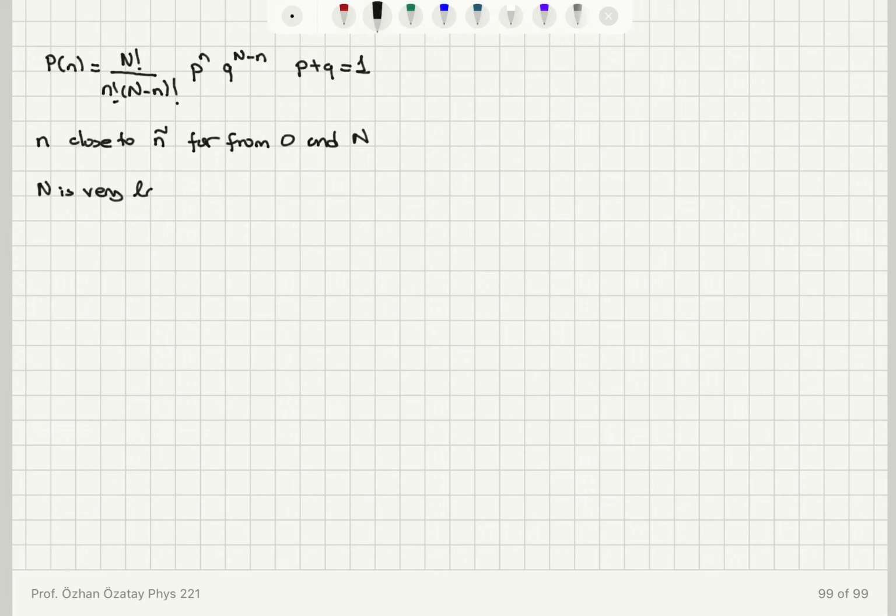in this limit we can replace this binomial distribution with the Gaussian distribution, so it becomes 1 over square root of 2 pi npq, e to the power minus 1 over 2, (n minus np) divided by square root of npq, squared.